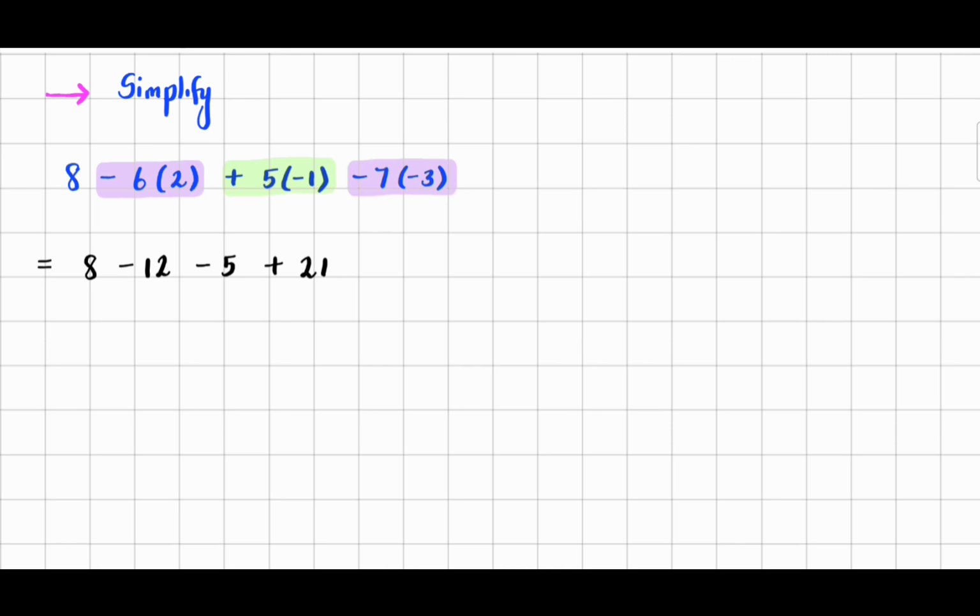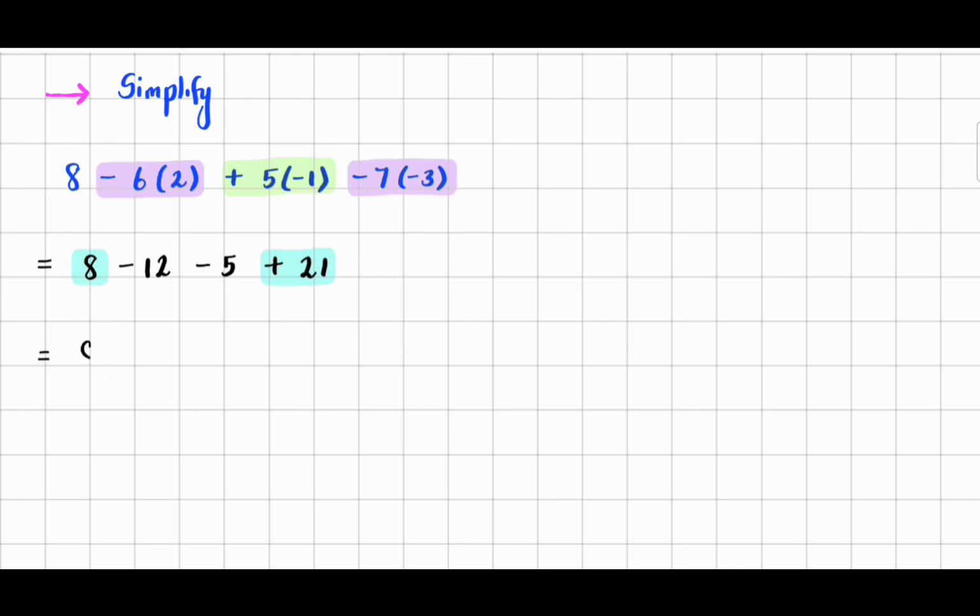Now at this point, we can add all of our positive numbers together and then add all of our negative numbers together and get our final result. So the positive numbers we have are 8 and 21. Since a number with no sign usually means that it is a positive number, 8 is really positive 8.